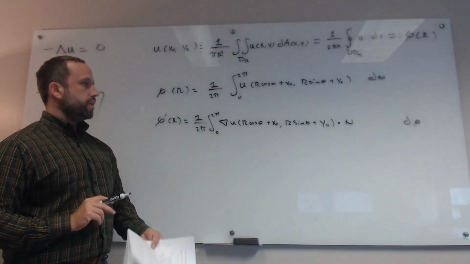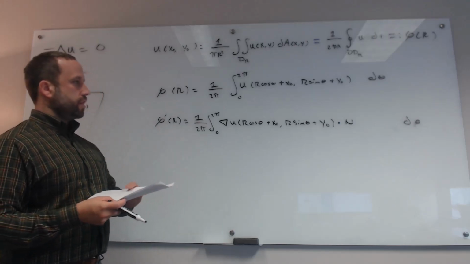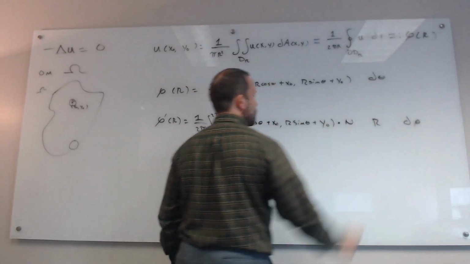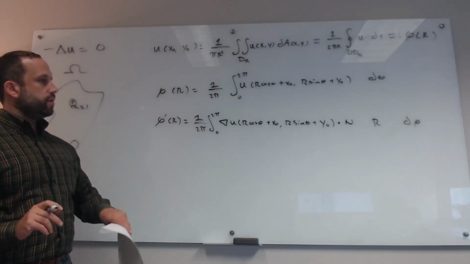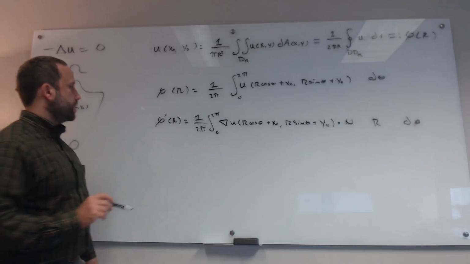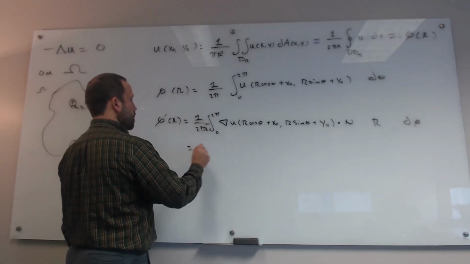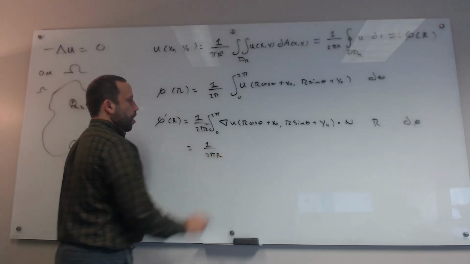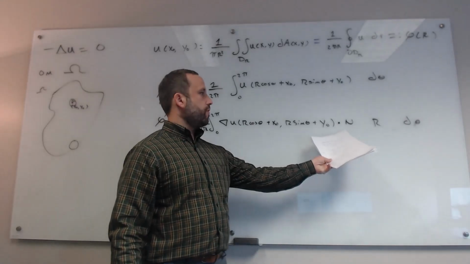So we're almost in a setup for the one side of the divergence theorem. If I multiply this by r, that is the magnitude of the tangent vector for the parameterization. If I multiply it by r there, I have to divide by r over here. But this is 1 over 2 pi r. Now we're doing the line integral of the gradient dotted with the normal vector.